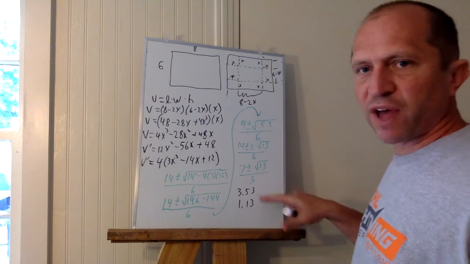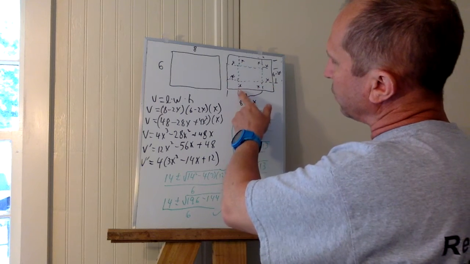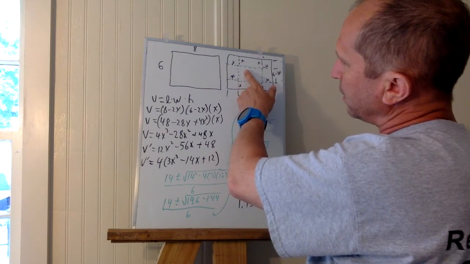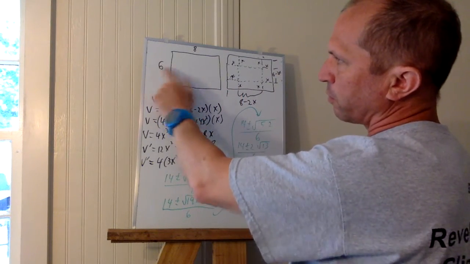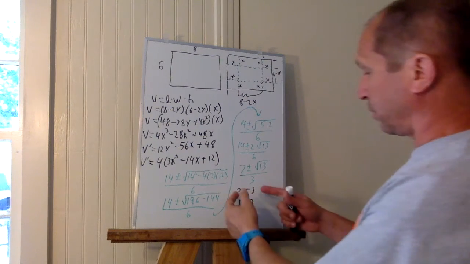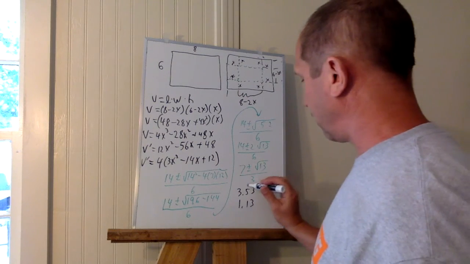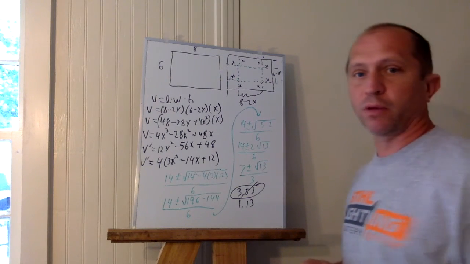This is 3.53. If we cut 3.53 away from here and we cut 3.53 away from here, that becomes a number greater than 7, which would overpass the 6. So it's impossible to cut 3.53 away from each corner. So the only option here is the 1.13.